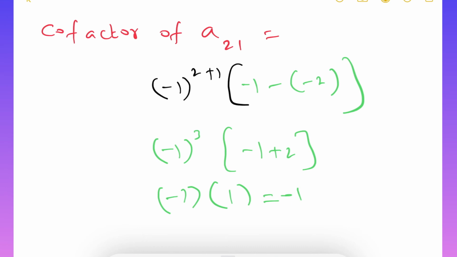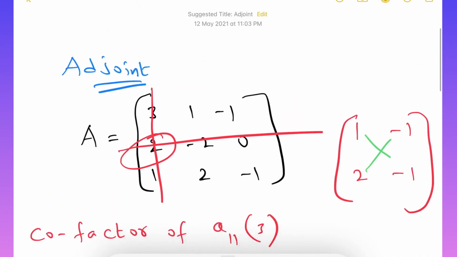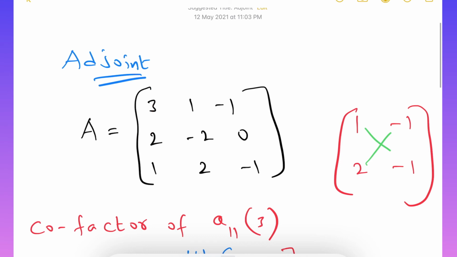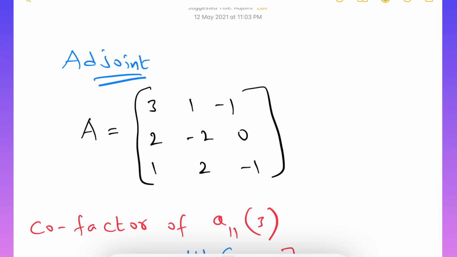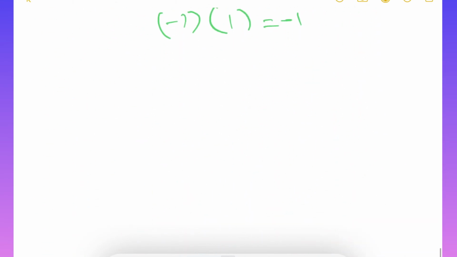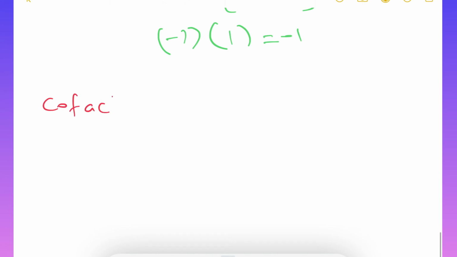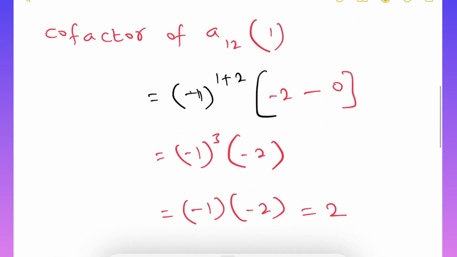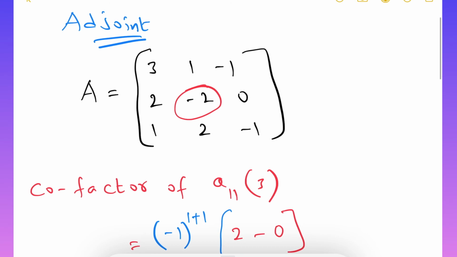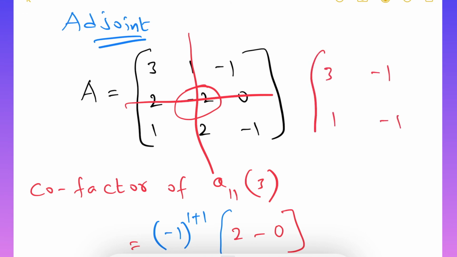Okay, next. Let us check the second row second column element. Here the second row second column element is minus 2. So cofactor of second row second column, that is equals to minus 1 whole power second row plus second column into, remove all the elements, remove the row as well as column where that minus 2 existed. So then we remain with 3 minus 1, 1 minus 1.